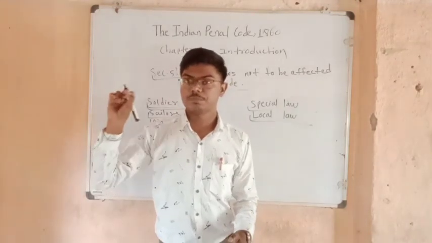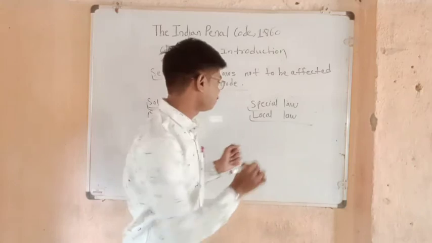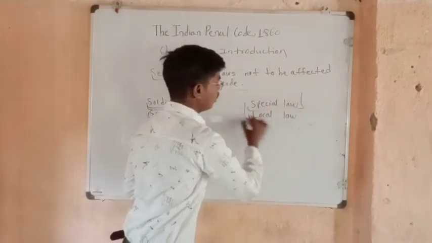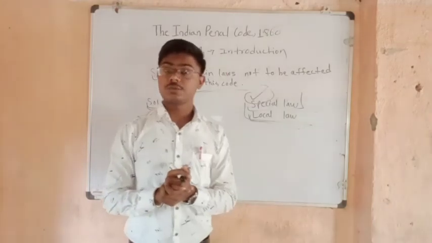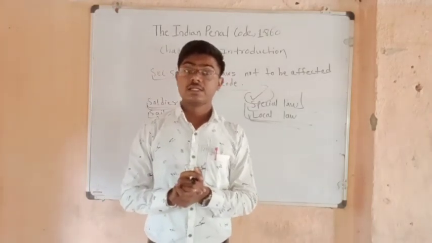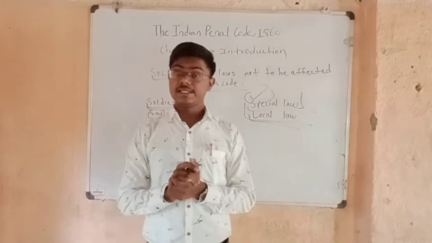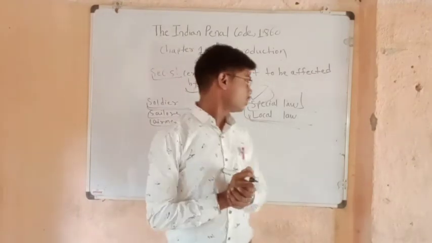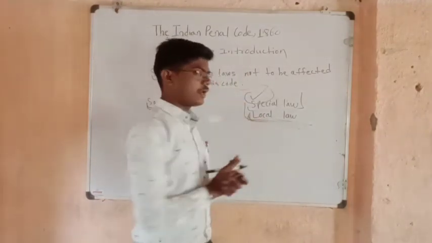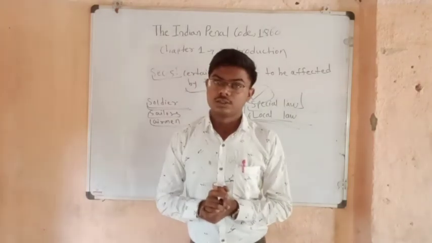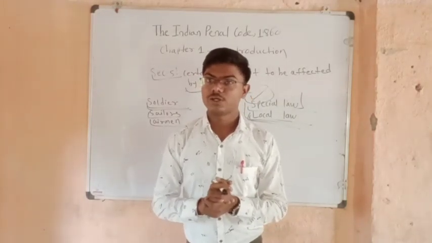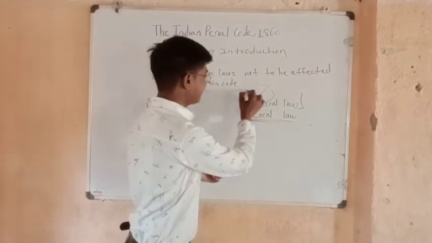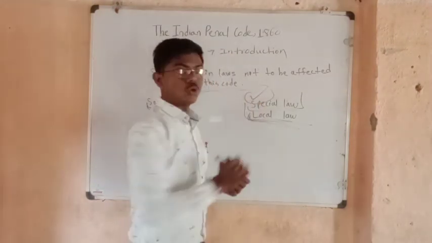For example, special laws: the POCSO Act, Protection of Children from Sexual Offences Act, and the SC and ST Atrocities Act 1989. Local laws, for example, the Maharashtra Rent Control Act and Delhi Rent Control Act. These are examples of special laws and local laws.